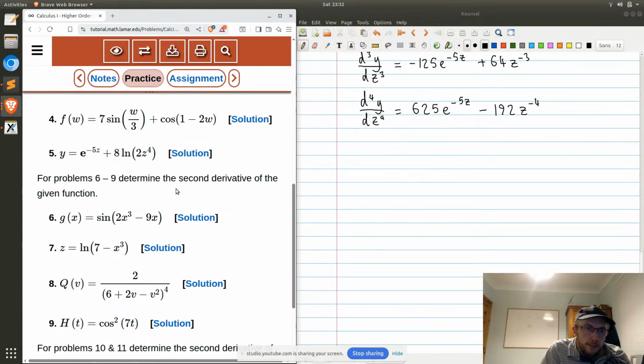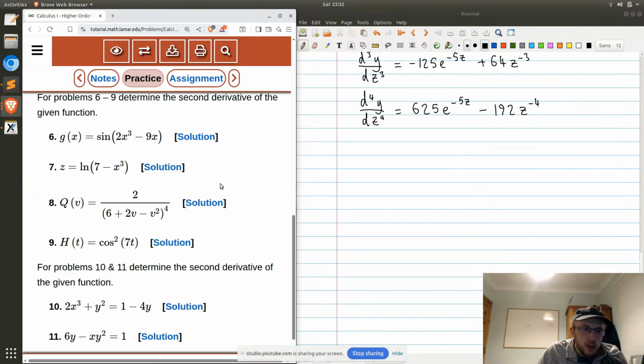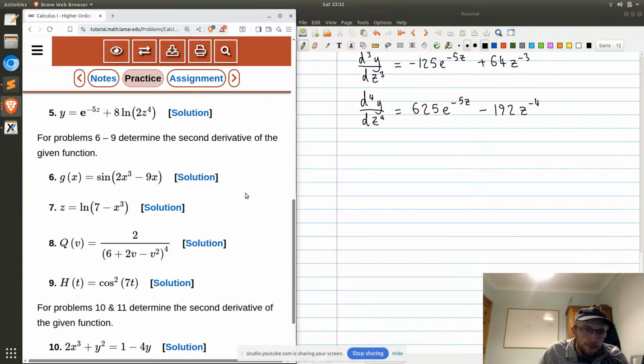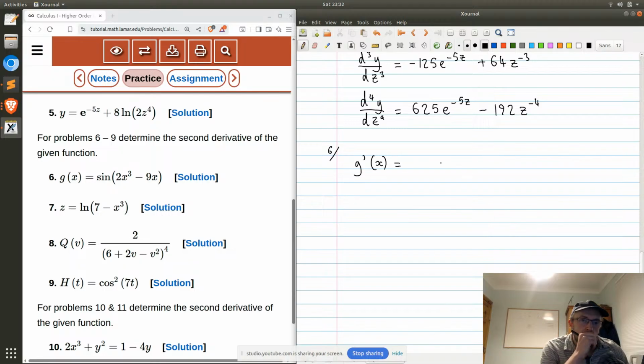So, for the next few problems, determine the second derivative of the given function. Second derivative. So we're going to need g prime of x. And it's a chain.